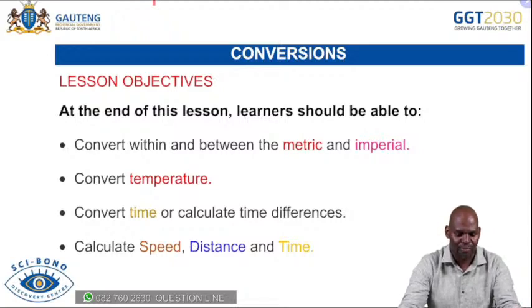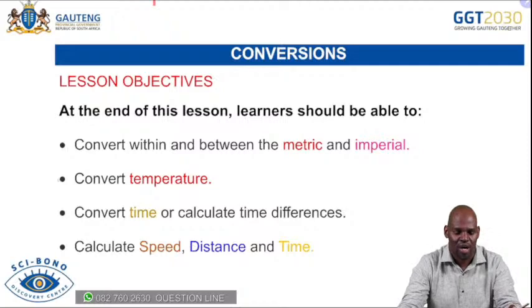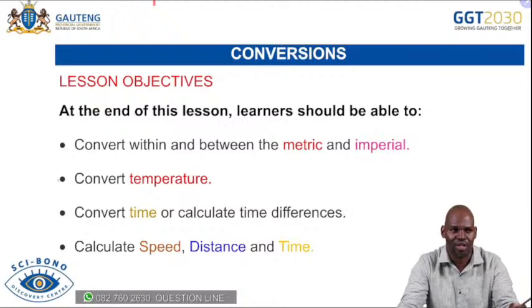Then again, under conversion, you must be able to convert between temperatures. In South Africa, when we measure temperatures, we use degrees Celsius. But in other countries like the USA, they use degrees Fahrenheit. So if you are flying from South Africa to the US and you want to find out what the temperature is, you'll find it is in degrees Fahrenheit, so you must be able to convert it to degrees Celsius.